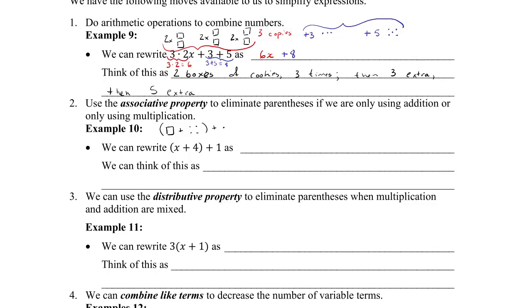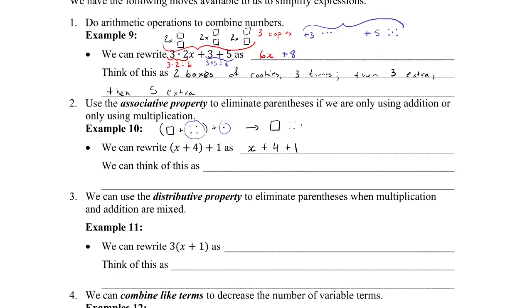But here's the thing. We can combine these extra cookies with this extra cookie without changing how many cookies we have. So we can say we've got this one box of cookies. And then we've got these 4 extras and this 1 extra. In other words, in this (x plus 4) plus 1, those parentheses don't actually mean anything.